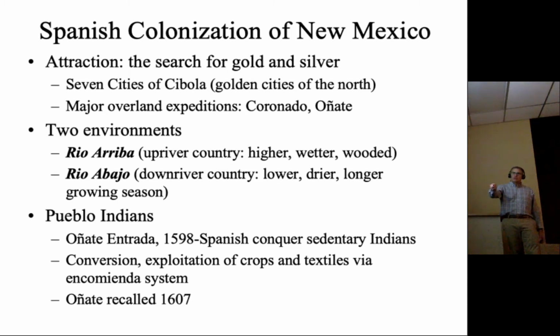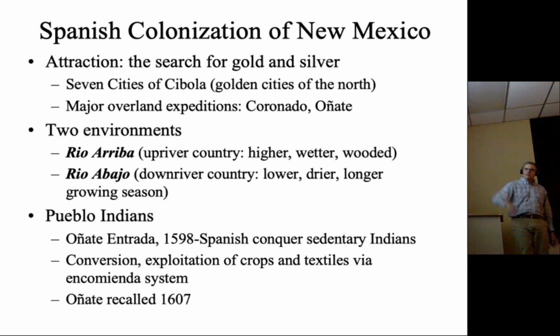And of course, their excuse was, well, we need to convert them to Christianity, to the true religion anyway. And in time, the economy was focused on producing food crops, corn, beans, squash, as well as producing some woolen textiles. And the encomienda system was the system that was established.